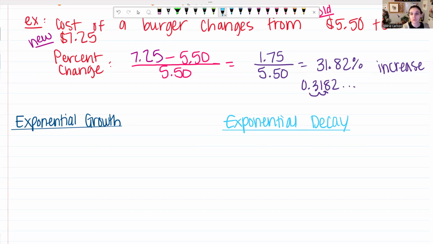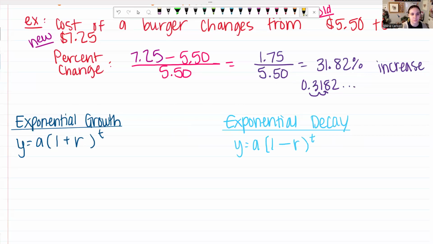So exponential growth, you will see with the equation y equals a times 1 plus r to the t power. And decay is y equals a times 1 minus r to the t power.